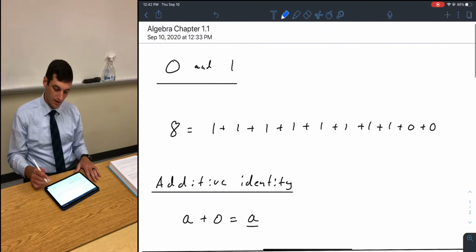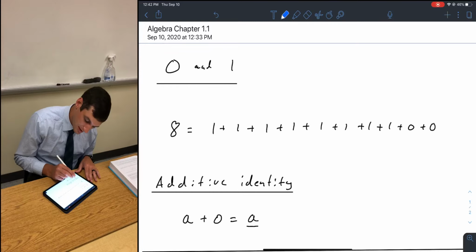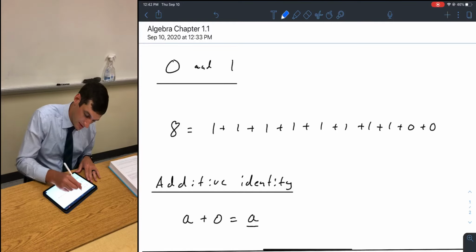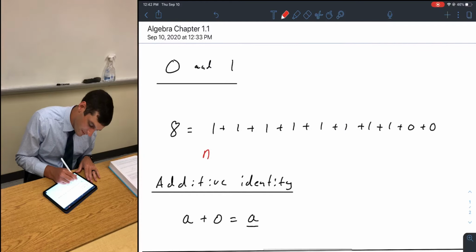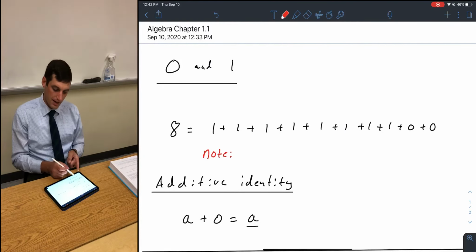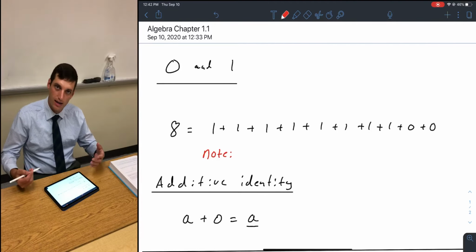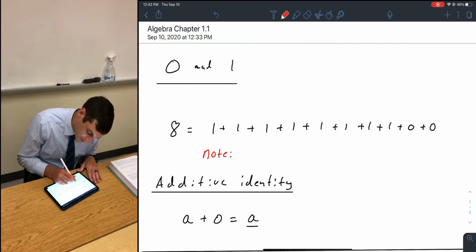So when you look up here, this is technically, let's write this in red, I'm going to write it as a note. If you look at it, I'm adding 1 8 times. So this is really 8 times 1.